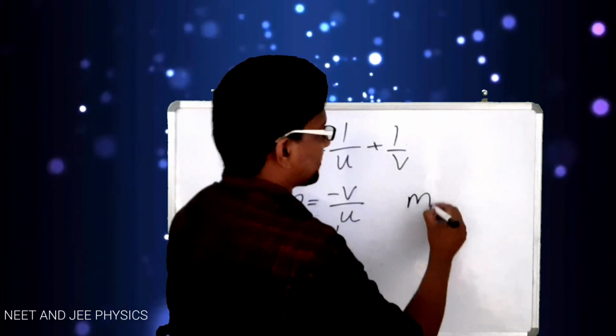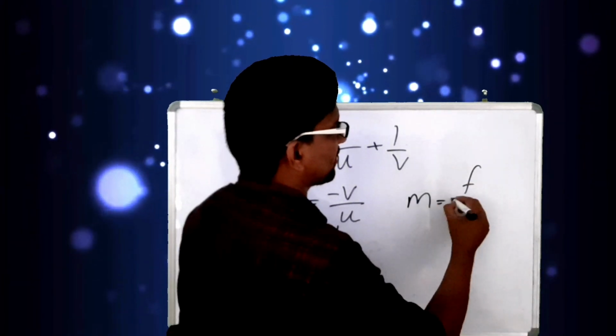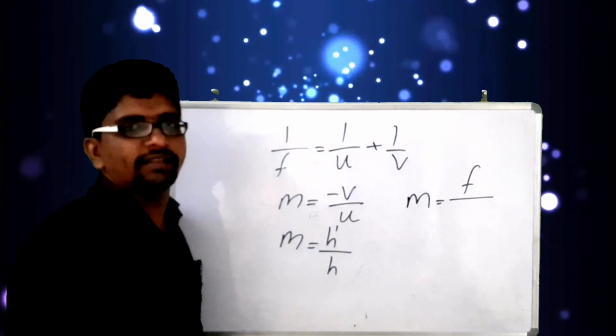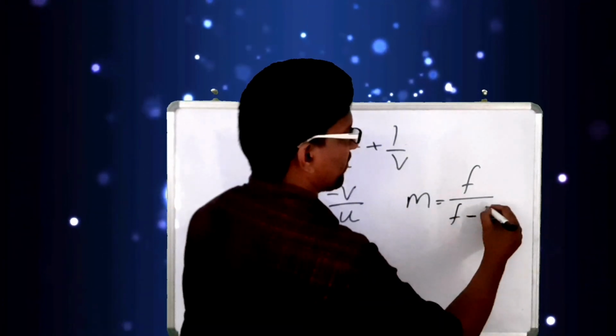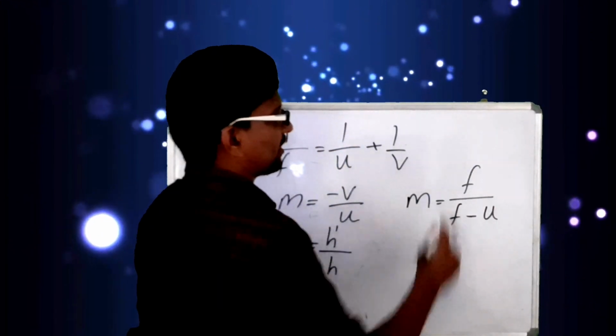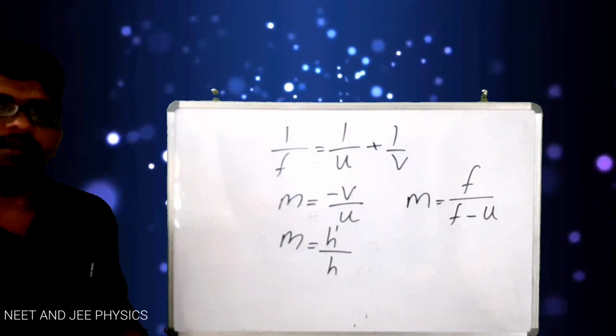And magnification m equals f divided by f minus u, a relation connecting focal length, object distance and the magnification. Okay? So these are the relations.